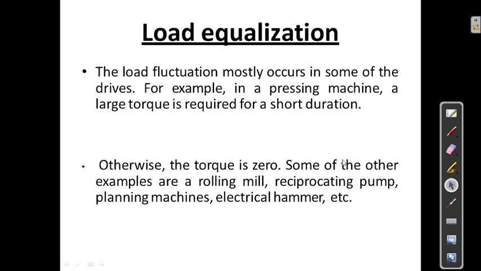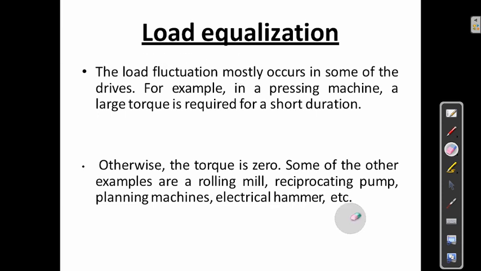Load fluctuation mostly occurs in some drives. For example, in a pressing machine, a large torque is required for a short duration. These are the causes of load fluctuation. If a large load torque is needed for a short duration, as in pressing, it causes load fluctuations.